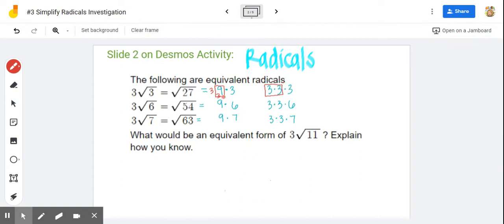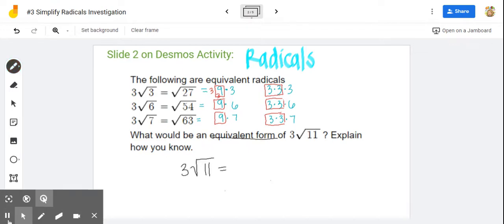So again, that piece here, that 9 times something would help us get that 3 by 3 on the outside. Or you use the 3 times 3 times 6 or 3 times 3 times 7. So that's a really key idea that that part goes outside and the stuff that stays inside the radical is the 3, the 6, and the 7 as my multiplier.